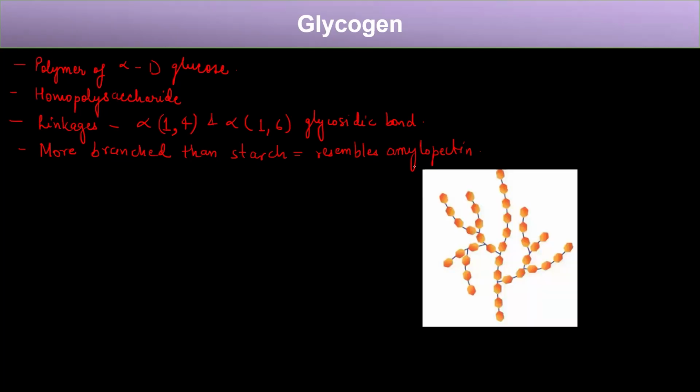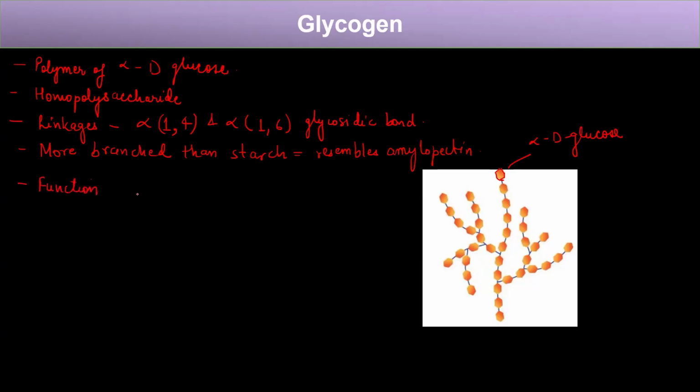If you look at the structure of the glycogen, this is how glycogen looks like. Here, each unit is what? This is alpha D glucose, and they are linked together by alpha 1,4 glycosidic linkage, and where there is branching, the linkage is alpha 1,6 glycosidic linkage. Right. So now, what's the function of the glycogen?